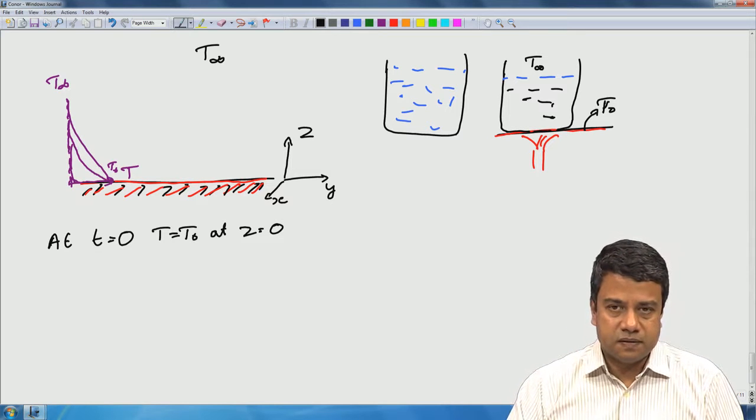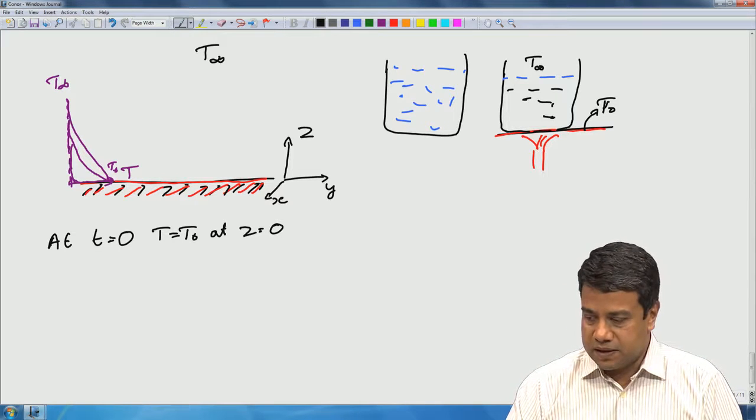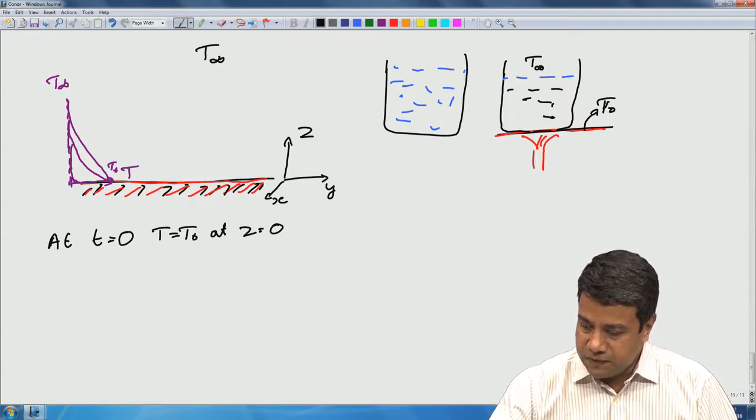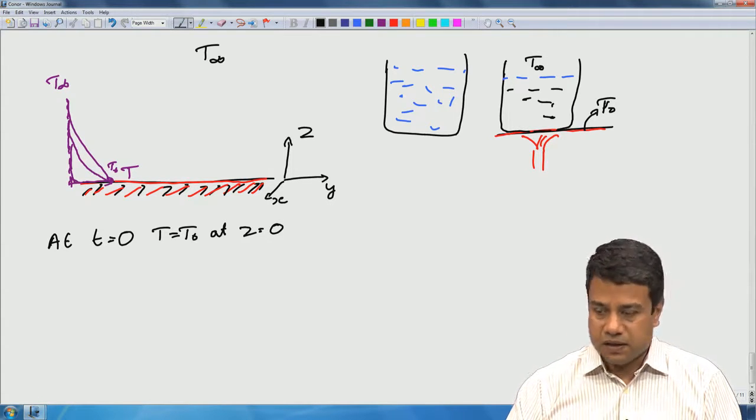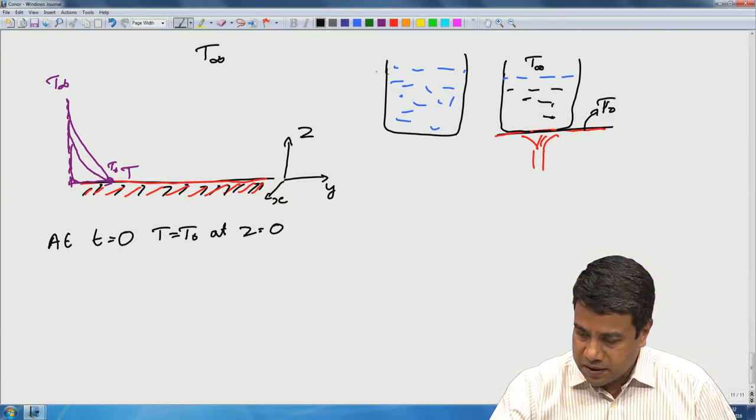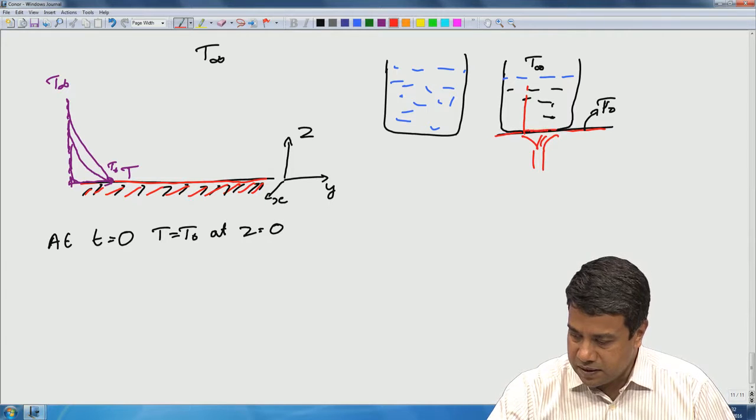Instantaneously you place the container on the burner, and this fluid can be considered to be of infinite extent. As time progresses the temperature profile will of course change. Initially it will be heated only at the base, and as time progresses the profile will change.